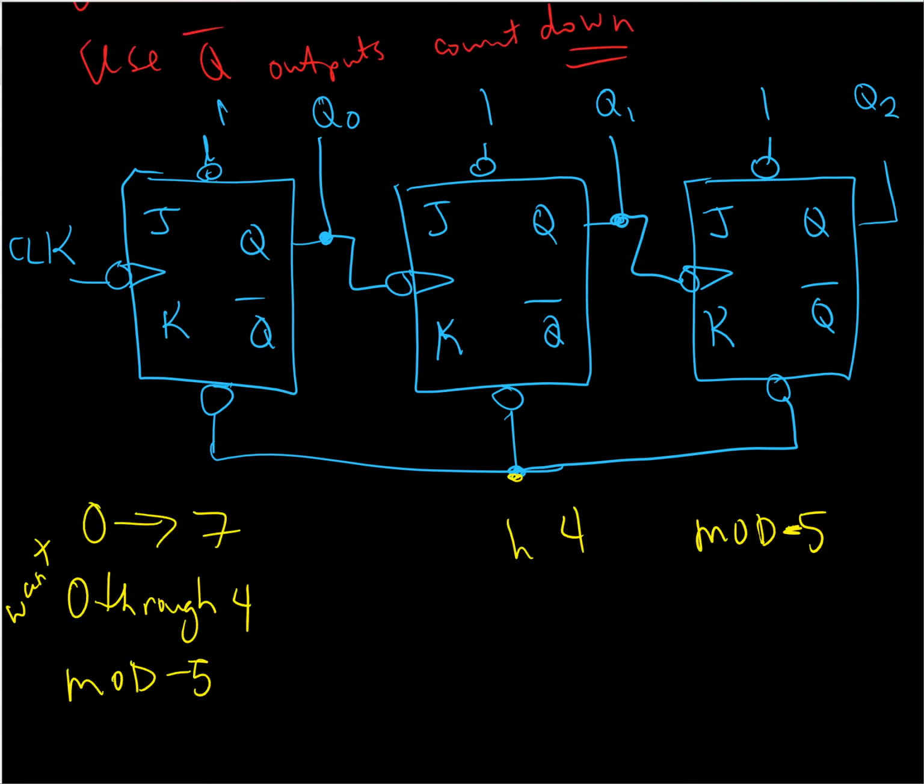So I can use the reset line to my advantage. The interesting thing about these counters is when it is counting normally, it's going 0 0 0, 0 0 1, 0 1 0, 0 1 1, 1 0 0, 1 0 1, 1 1 0, 1 1 1.